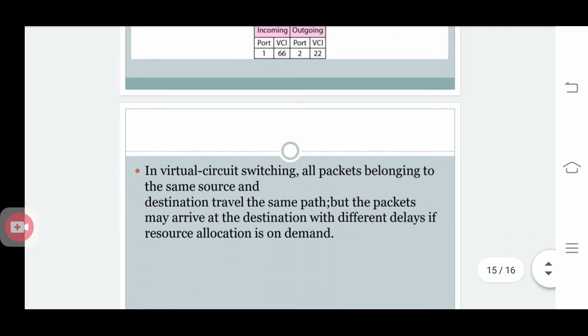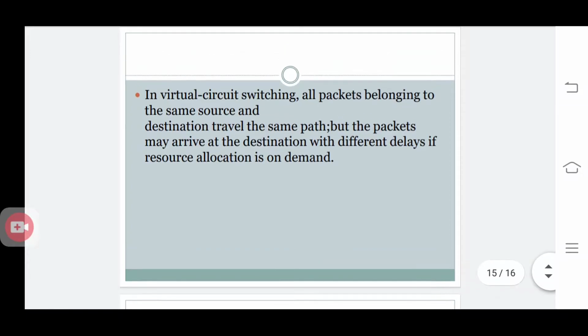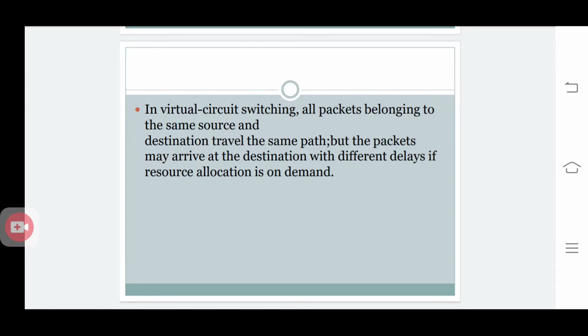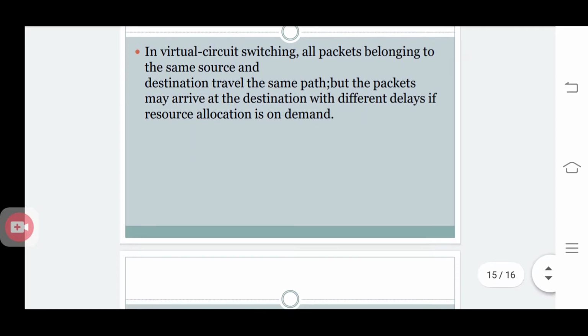So in virtual circuit switching, all packets belonging to the same source and destination travel the same path, but the packets may arrive at the destination with different delays if resource allocation is on demand. You had already discussed that in a datagram network there are different types of delays occurring during transmission, same as in the case of a virtual circuit network.